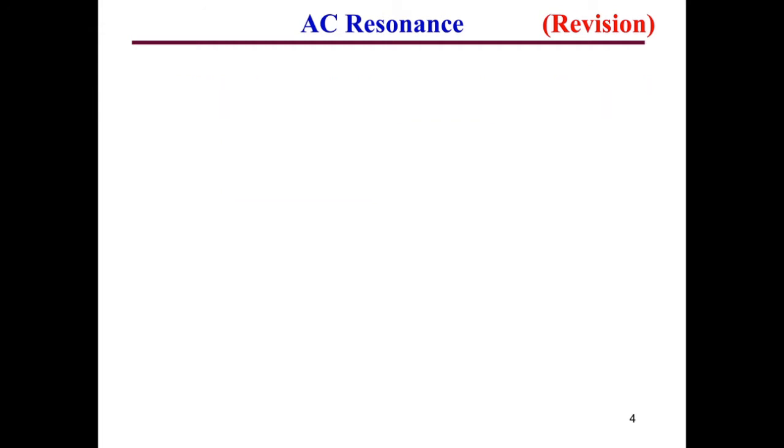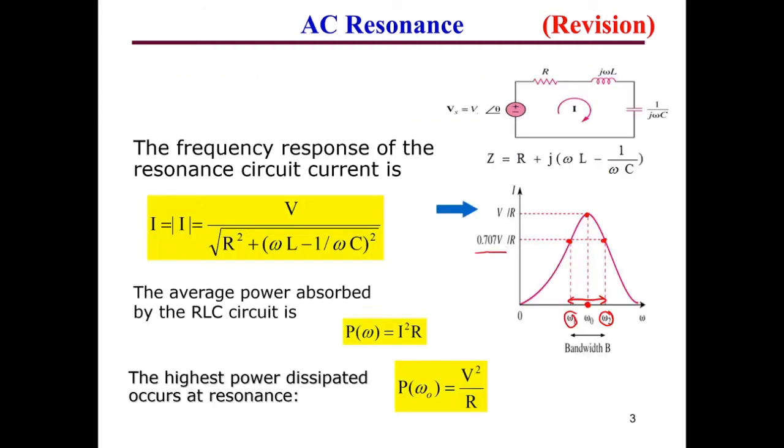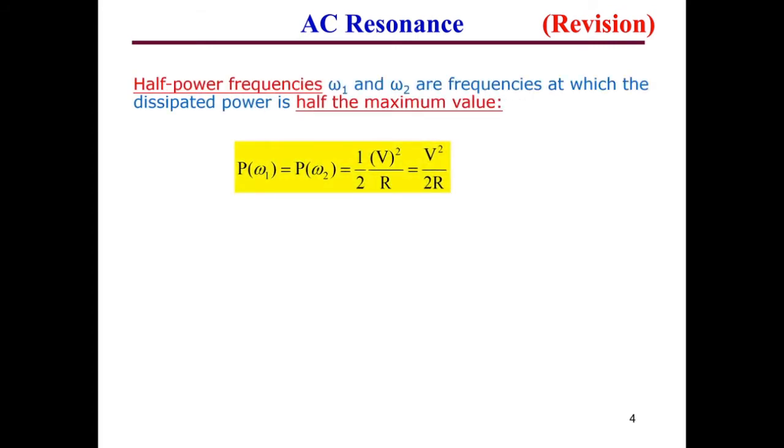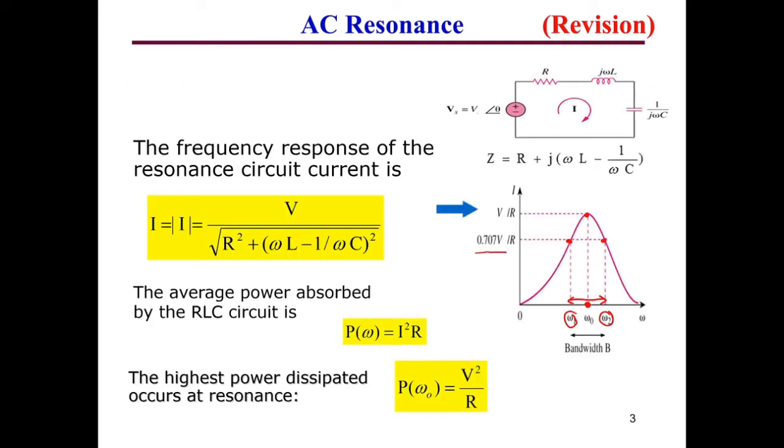So W naught, of course, is the resonance frequency, but for W1 and W2, we said that the current dropped to 1 over root 2, right? So these we call half power frequencies, because the power at that point will be half the peak value.